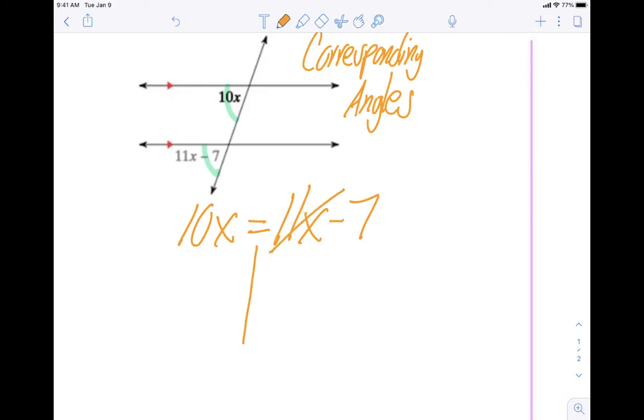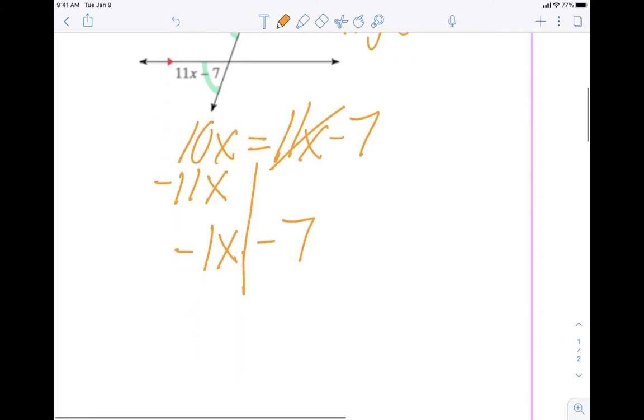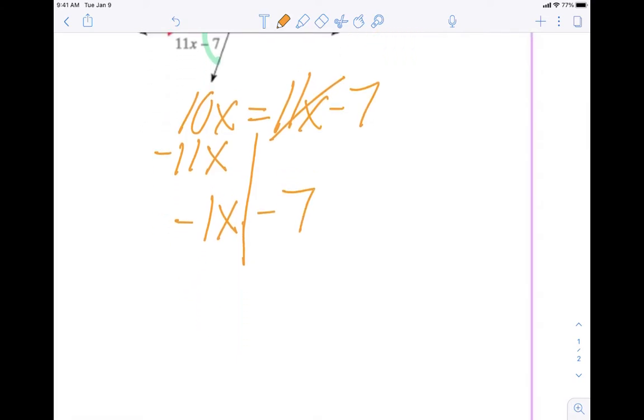So I'm going to cross out 11x, and I'm going to minus 11x. So I have 10x minus 11x. I get negative 1x. And I still have negative 7 here on the right side, right? Negative 1x because 11 minus 10 is 1, and 11 is bigger, and it's the negative.